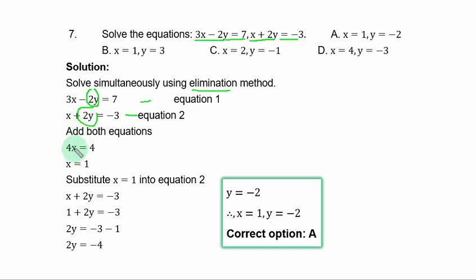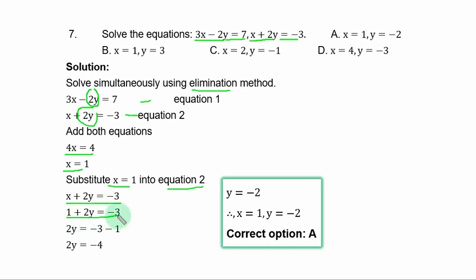When you add, you have 4s equal to 4. Divide through by 4. S is equal to 1. To continue, you need to substitute s equal to 1 into any of the equations, but I'm using equation 2. This is equation 2. Anywhere you see s, you replace s with 1.